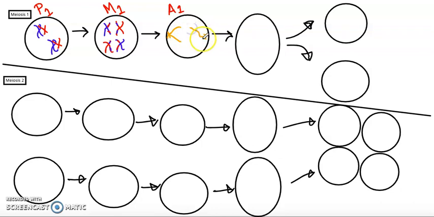Here we have the chromosomes. Spindle fibers are reaching out and separating the homologous chromosomes from each other. We still have replicated chromosomes there, but the homologous chromosomes are being separated.